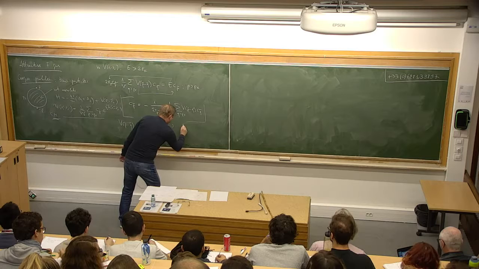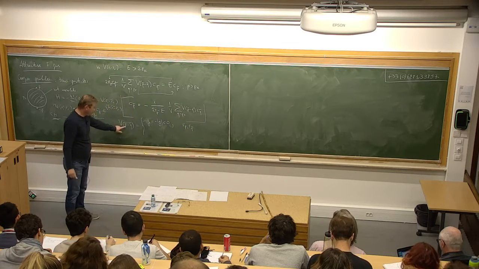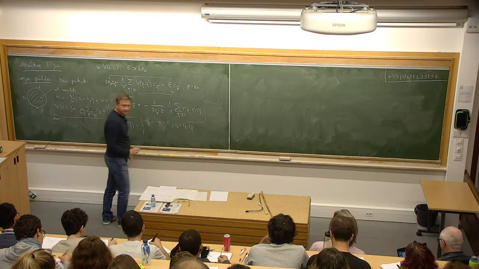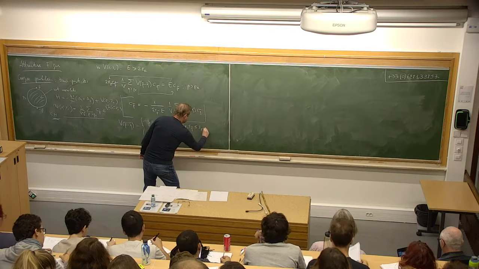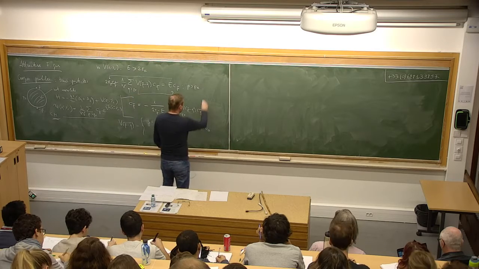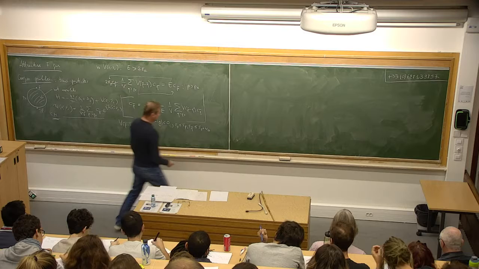Let me write it like this, when both epsilon p and epsilon q, we have here p and q, are larger or equal than epsilon Fermi, and smaller or equal than epsilon Fermi plus omega 0. Omega 0 is some energy scale that, in metals, is sort of the Debye frequency. I skip h bar.